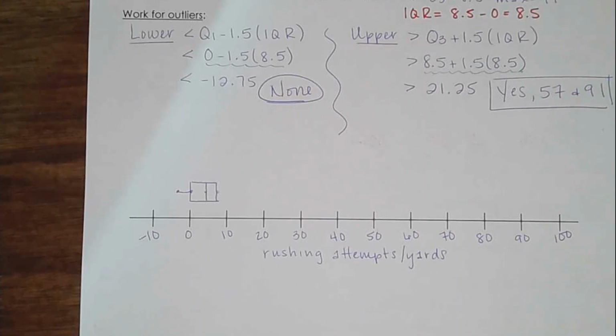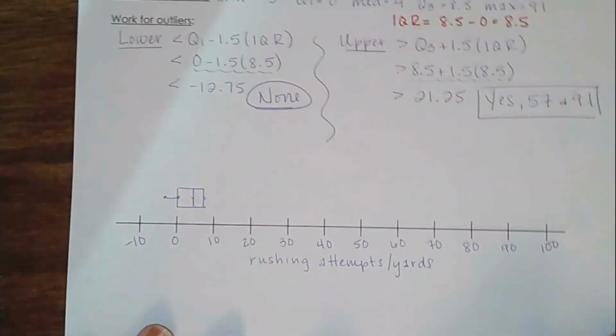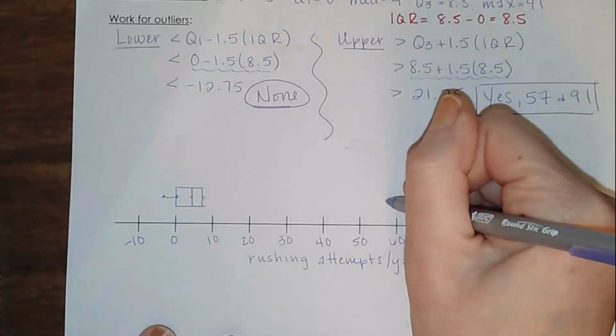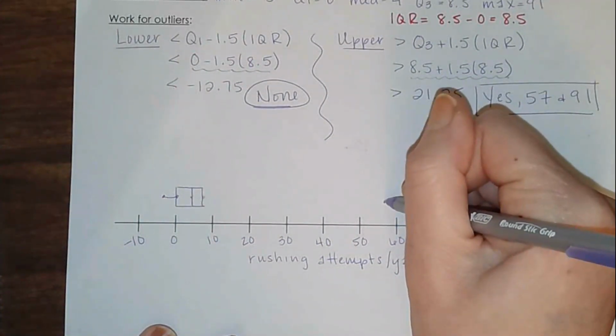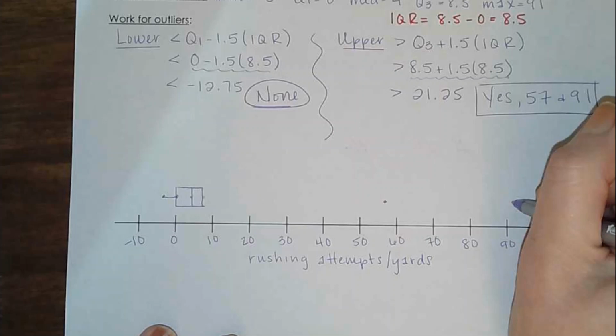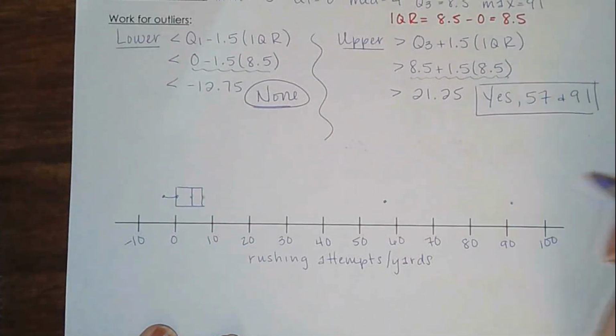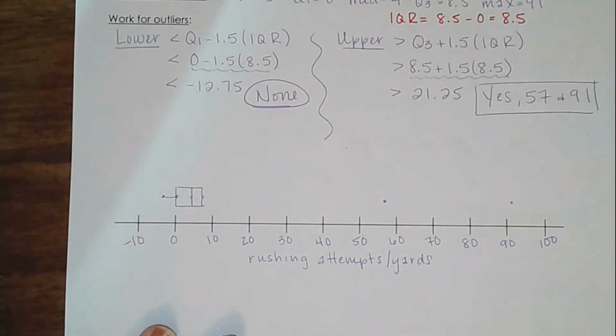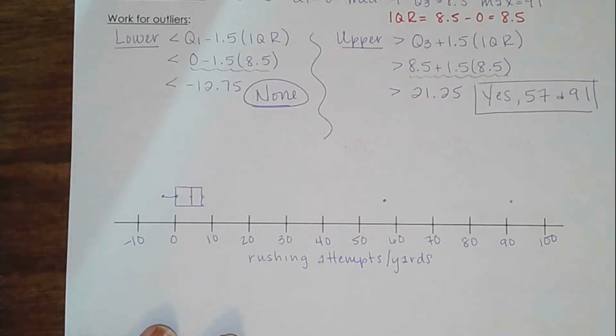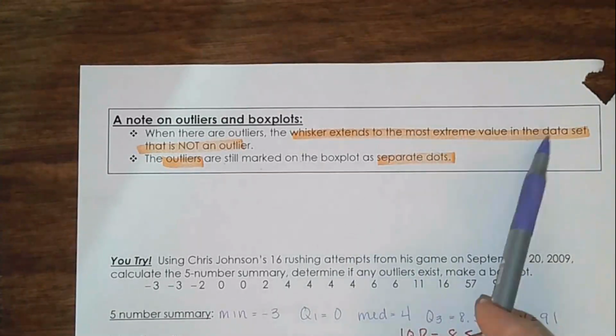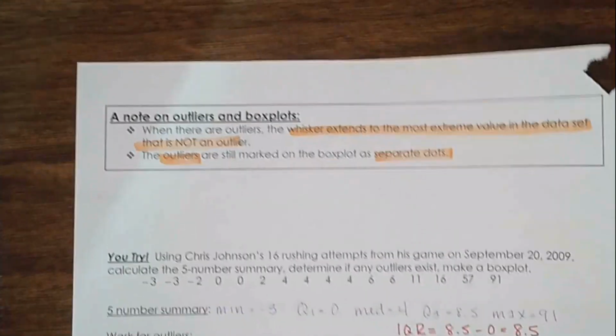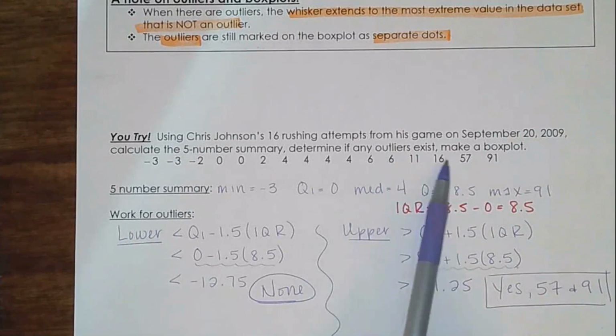Now, you need to mark the 2 outliers separately. So mark the 57, and what was the other outlier? 91. Mark those separately. Outliers are marked separately. We didn't have to do this in the previous one because there we had no outliers. Now, your upper whisker goes to the most extreme value in the data set that is not an outlier. So look at your data set.